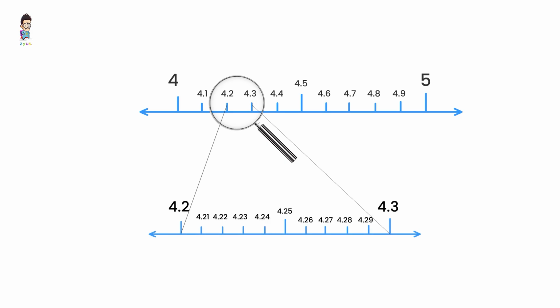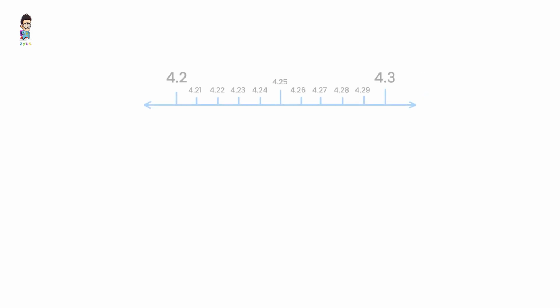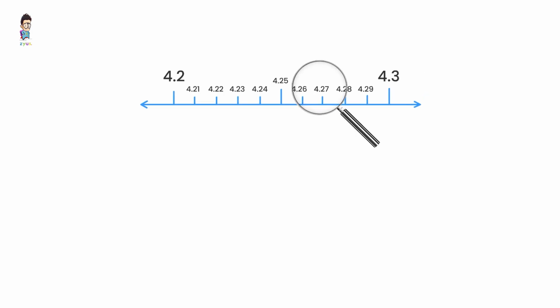Now, look at the portion. Here, we are going to divide this portion into 10 equal parts. The line that is right next to 4.2 is 4.21, and right next to 4.21 is 4.22, etc. Now, let's have a closer view of the portion between 4.26 and 4.27.